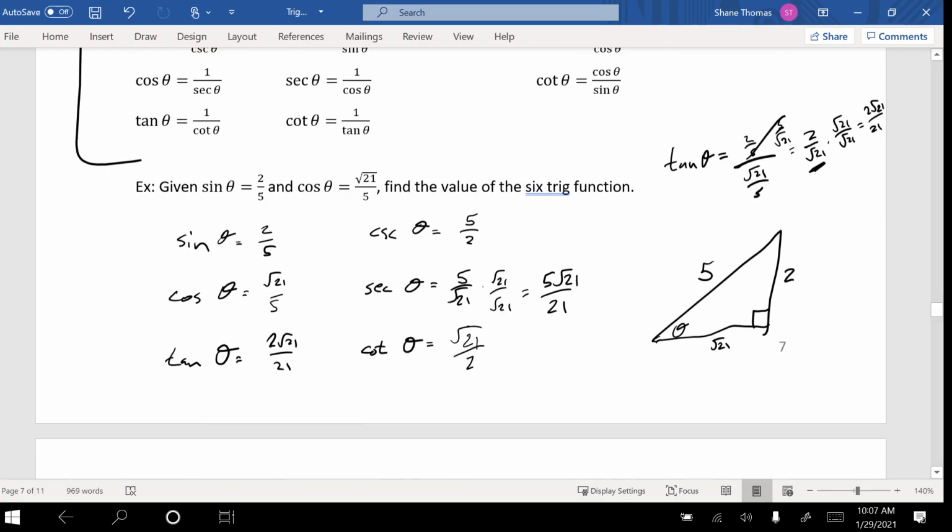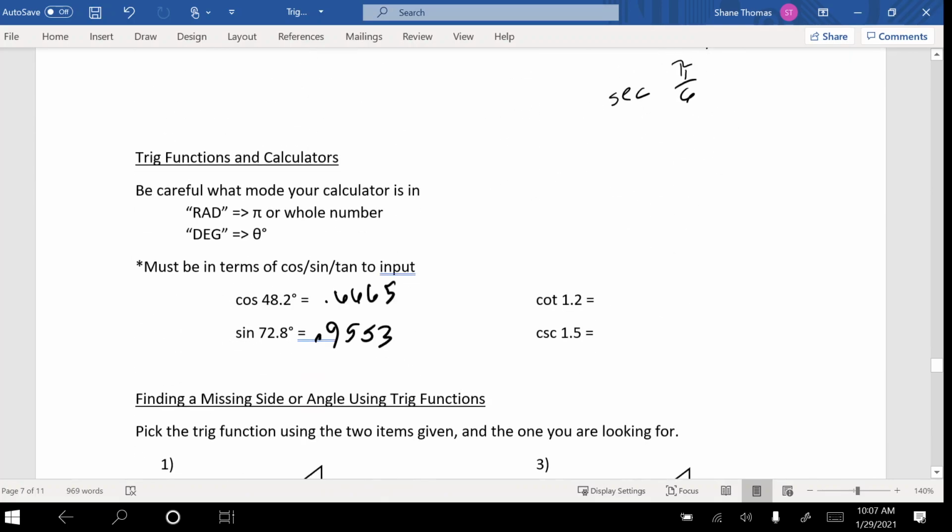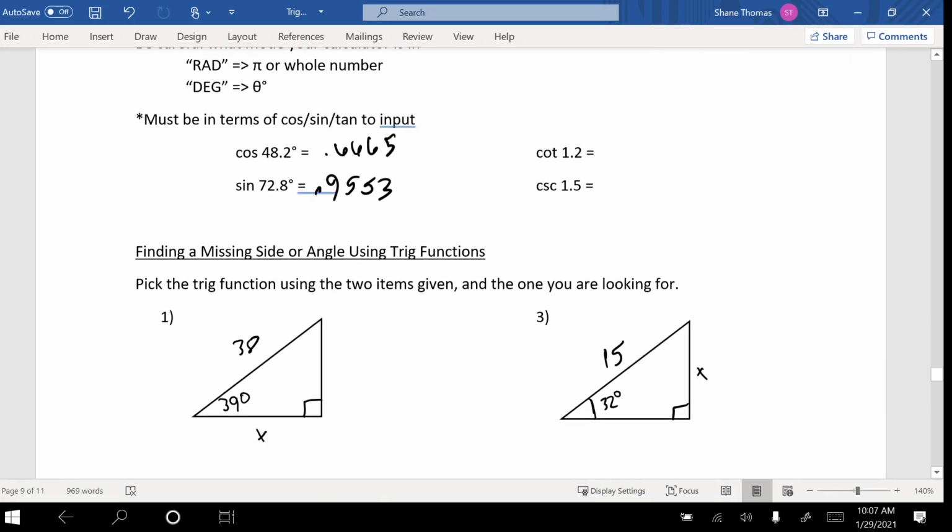We want to use those reciprocal identities to get this to a point where we can put it into a calculator. So cotangent is just 1 over tangent. So this would be 1 over the tangent of 1.2. Now we have that in a form that we can put into the calculator. So just do 1 divided by the tangent of 1.2.